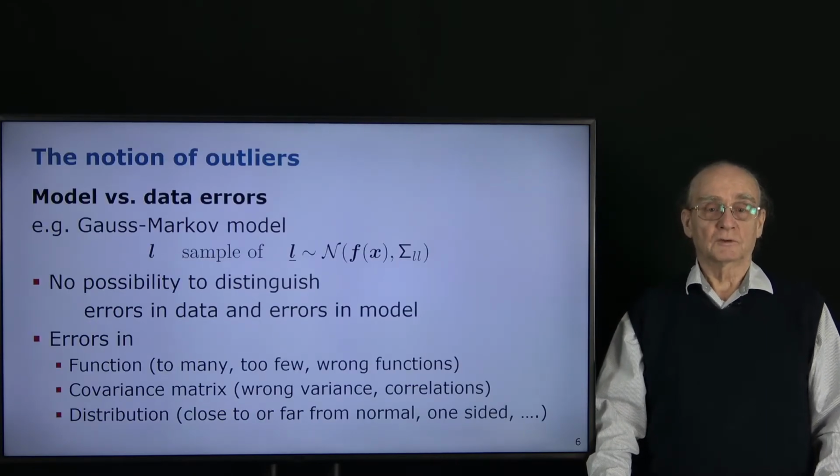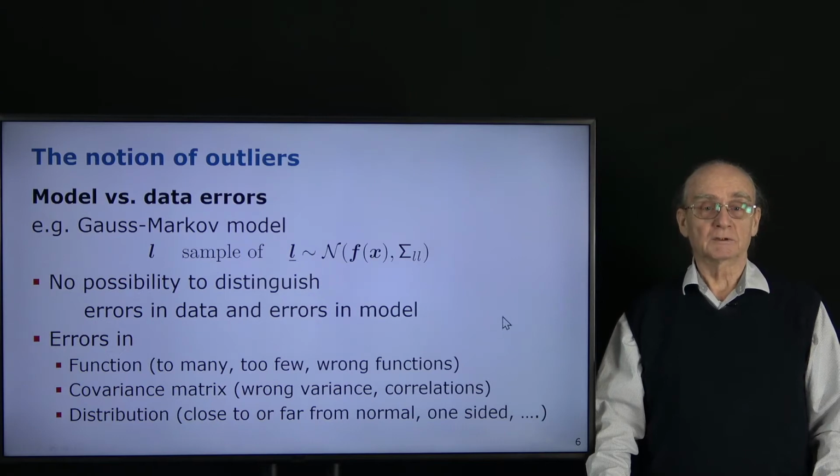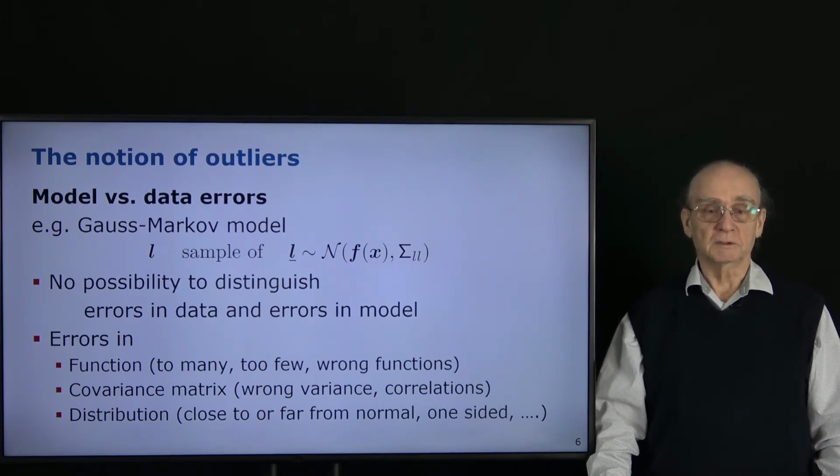So what are outliers? Let's start from the beginning with the Gauss-Markov model, which we used for describing our problem. We have here our observations. These are the measured coordinates in our transformed systems, in our context of similarity transformation.